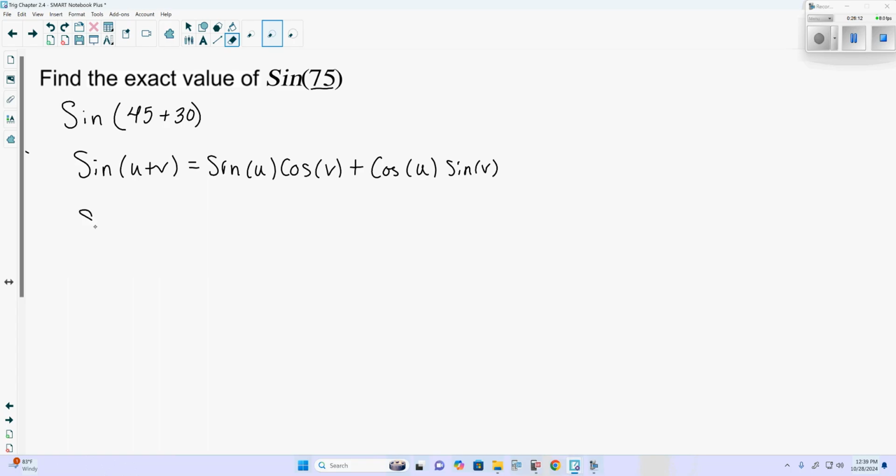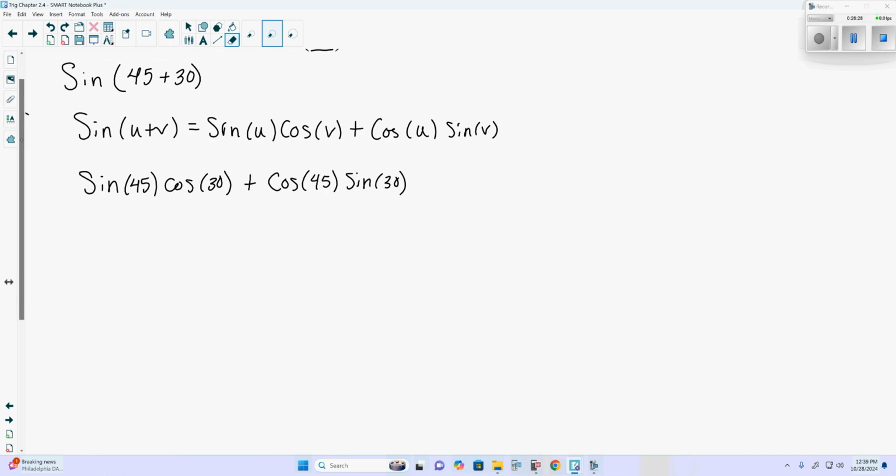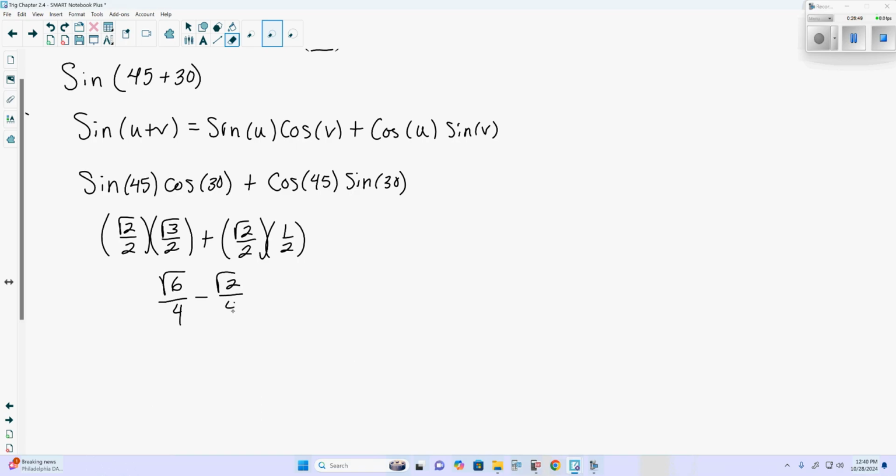Now u in our case is 45, so we'll have sine of 45 times cosine of 30 plus cosine of 45 times sine of 30 degrees. Now we can replace the values: square root 2 over 2, cosine of 30 degrees is square root 3 over 2, cosine of 45 is square root 2 over 2, and sine of 30 is 1/2, which would give us square root of 6 over 4 plus square root of 2 over 4.